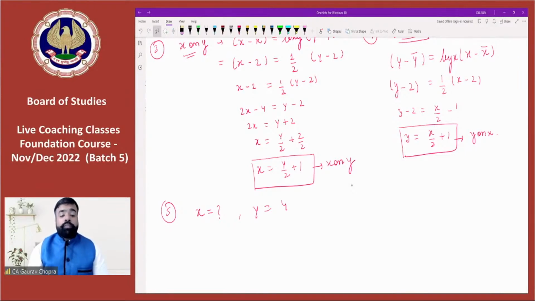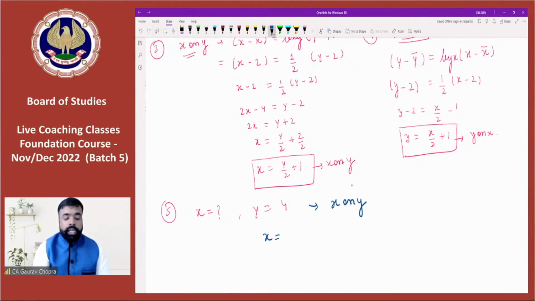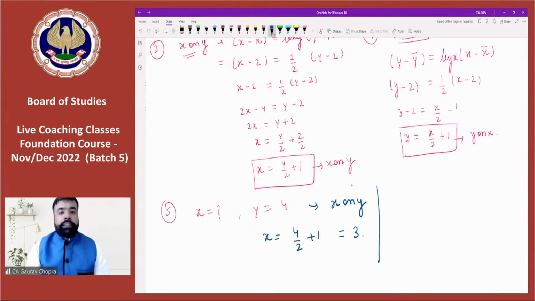So simply we have to substitute the values in equation x on y. Whenever we have to find x, use equation x on y. So put the values. x is equal to 4 upon 2 plus 1. So how much are we getting? 3. So x will be equal to 3. So if y is 4, x will be 3.